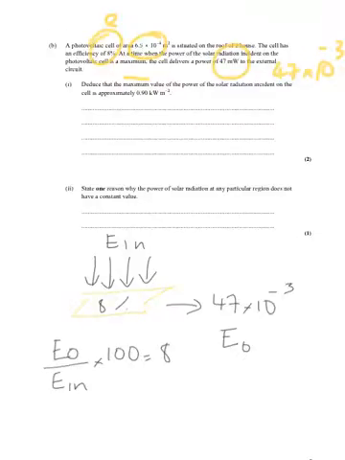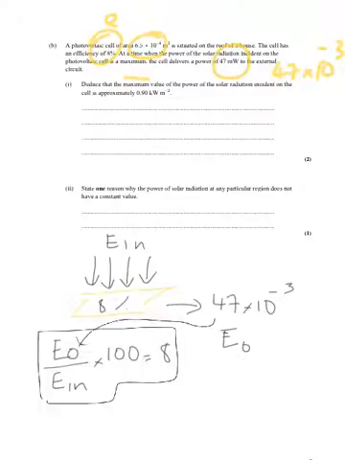If we use the efficiency formula relationship, it's quite straightforward. We substitute our value of energy out, 47 times 10 to the minus 3, and your energy in, we can calculate by using the formula.